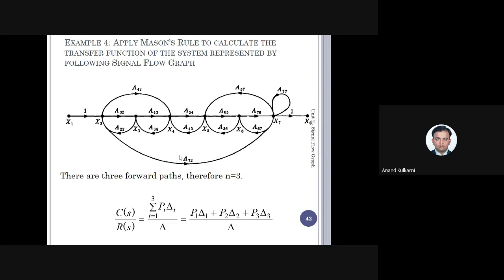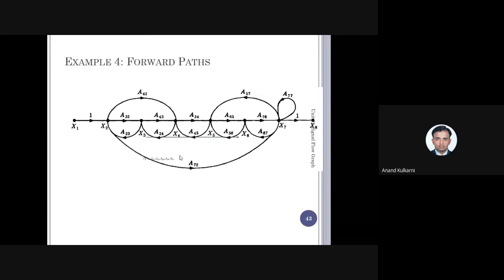One is x1 to x2, x2 to x3, x3 to x4, 4 to 5, 5 to 6, 6 to 7, and 7 to 8. That is a straight line joining x1 to x8. That is the first forward path. Then the second forward path is x1 to x2, then from 2 to 4 by this route. I'll just show you the images so that you'll understand.